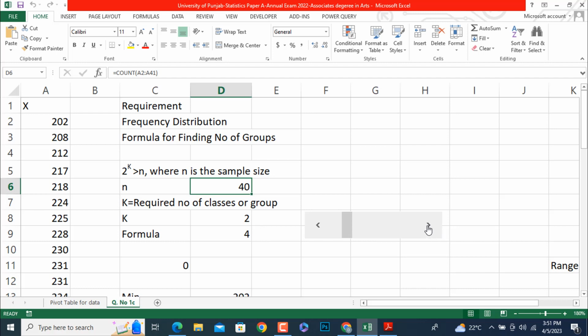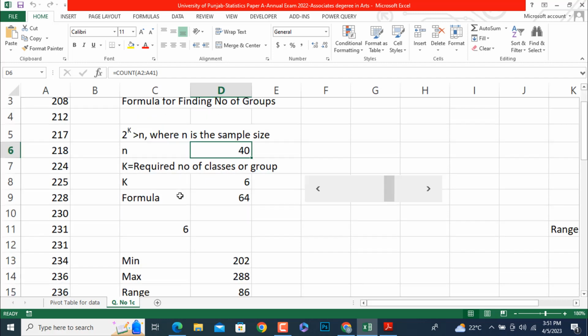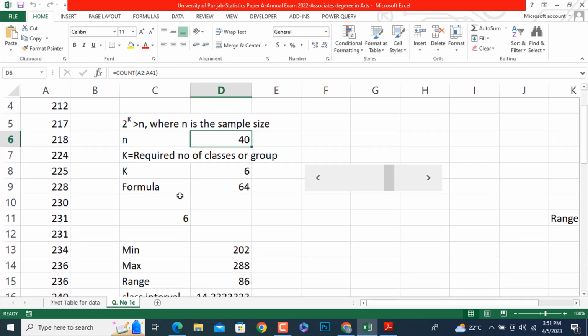When I move to the next numbers, 3, 4, 5 and 6, when the value of k is equal to 6, the value of the formula is 64, which exceeds the sample size and qualifies the criteria that we have set for finding the number of groups for ungrouped data. Now we have k equal to 6, which means these are the number of groups.